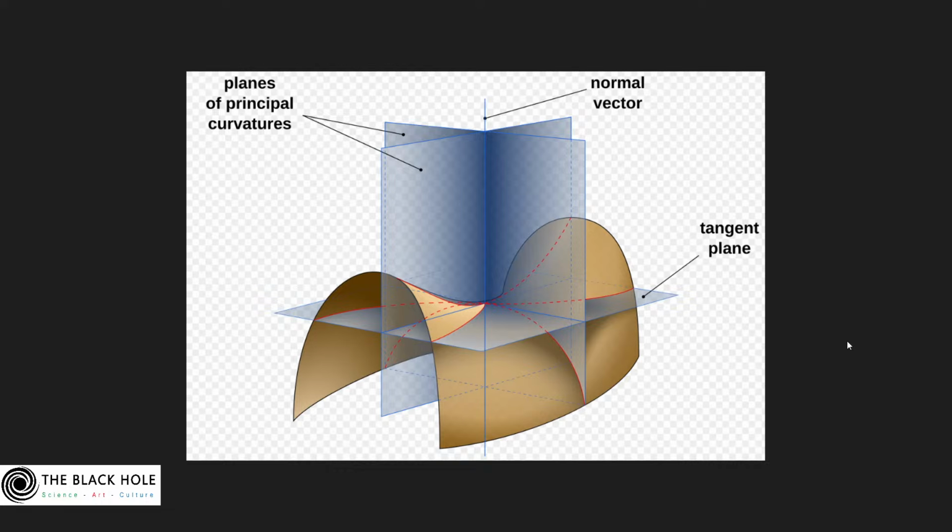These are the planes of principal curvatures. They are perpendicular to each other, and now you can see that for this case, which is the hyperboloid, in one case you go up, it's positive curvature, in the other case you go down, negative curvature. Next.